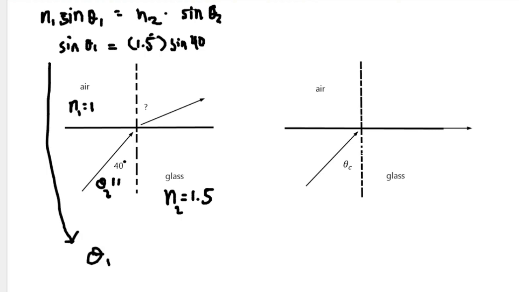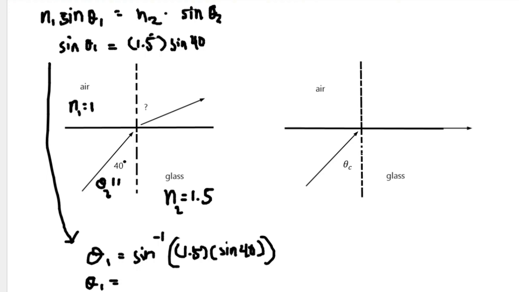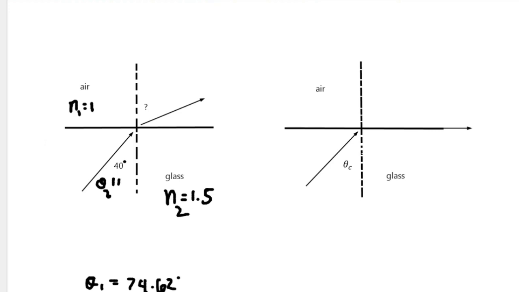So I'm going to take the arc sine of sine 40 divided by 1.5. Now, to calculate this, what we have is 74.62 degrees. As we can see, it basically moves away from the normal.